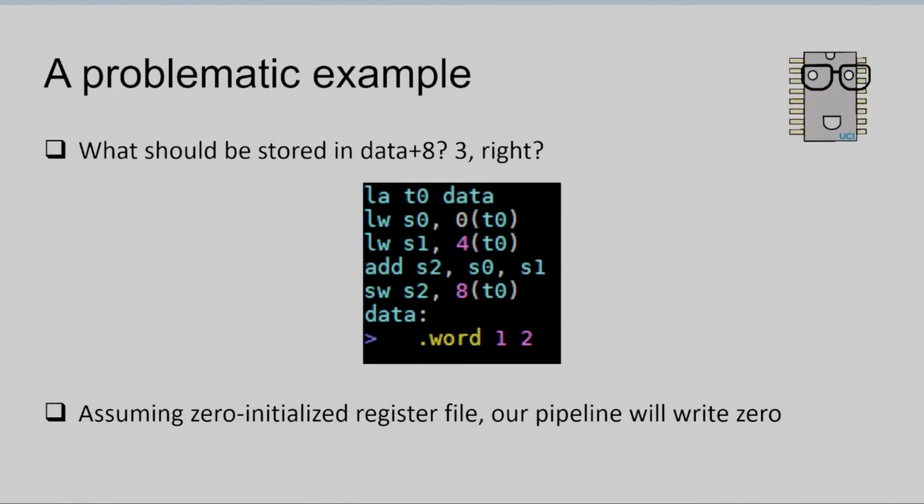Okay, at the end of the last lecture, we saw a problematic example which could provide us with wrong answers if we tried to pipeline things, I guess, naively.